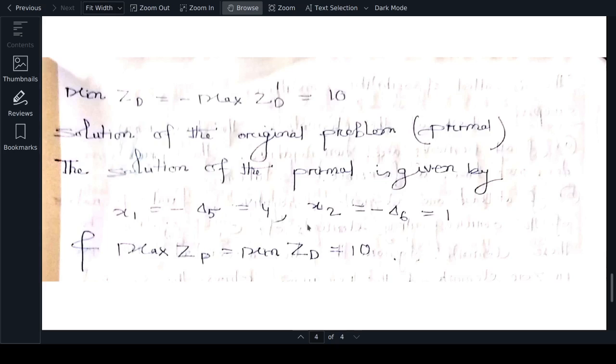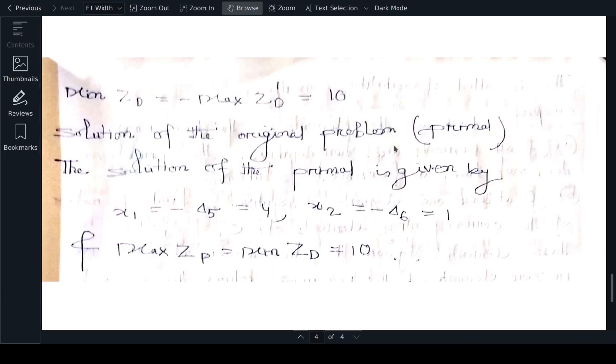Yes, sir. So if W5 was, let's say, slack, then it would still be x1, there is no problem in doing that, right? The fact that it is slack or surplus doesn't matter, it is up to us to put it as slack or surplus, right?